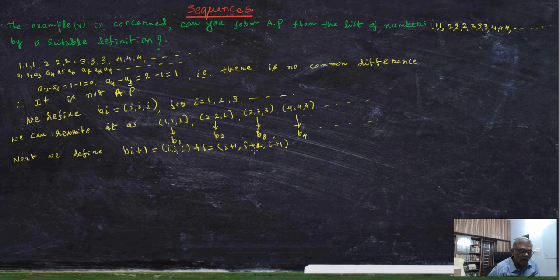That is, 1 is added to all the numbers in the triplets. So Bi plus 1 can be written in this fashion, and therefore each Bi is obtained from Bi minus 1 plus 1, for every i equal to 2, 3, 4, and so forth.